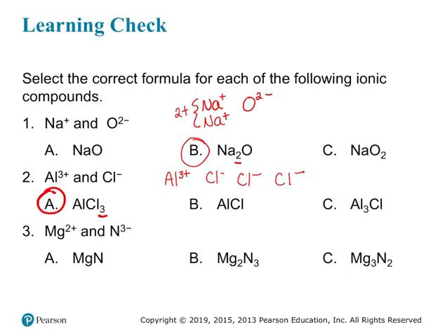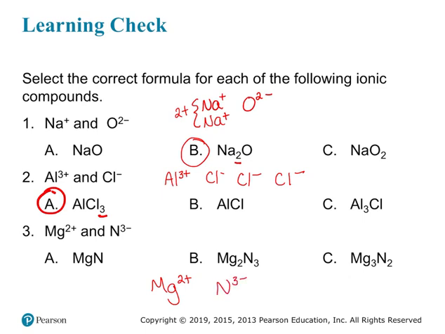Okay, number 3 is a little tricky here. We have a magnesium ion with a 2+ charge, and then the nitride ion with a 3- charge. Okay, so let's see. Let's say initially we just have one of each.